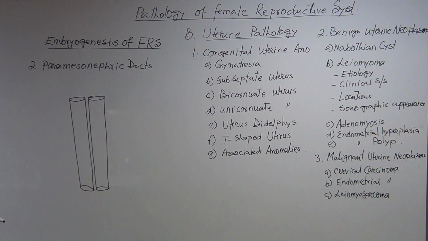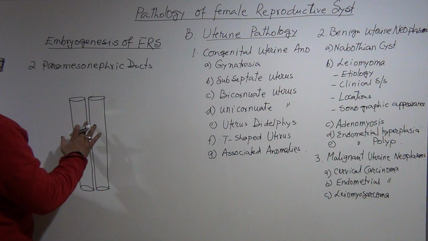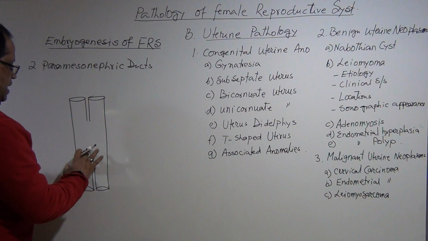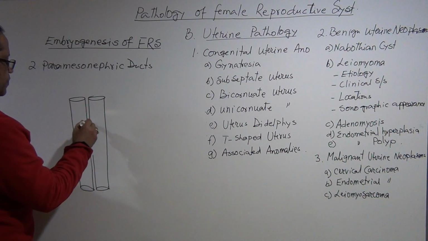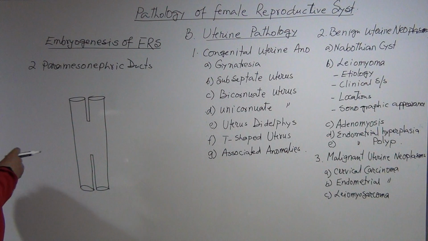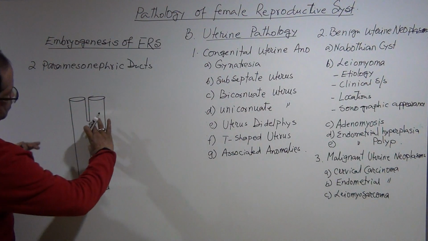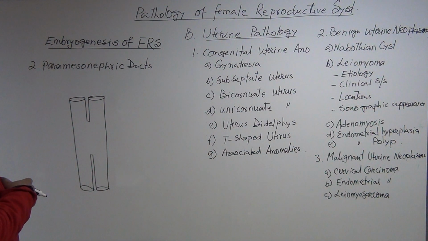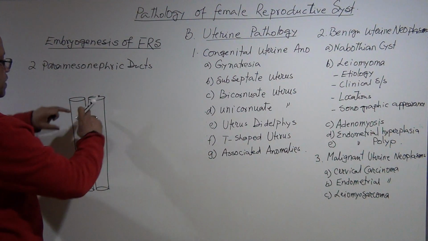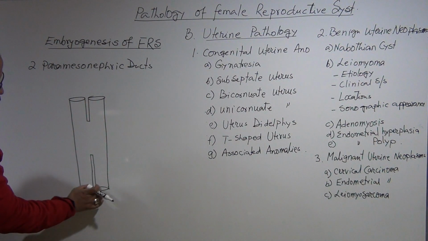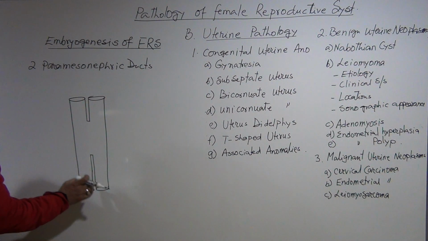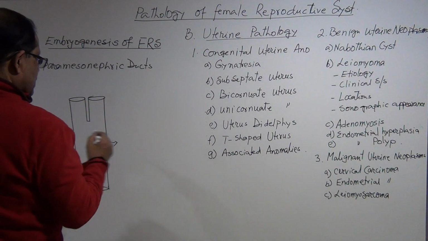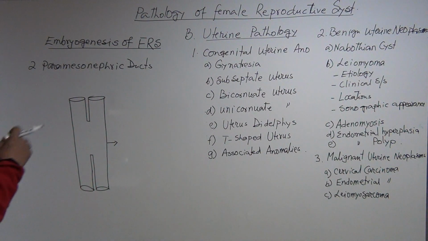Okay, two tubes appear and they fuse at the middle part. And now this part will be cervix, body and fundus. And these two parts will be fallopian tubes, and these two will fuse together to form the vagina. Okay, let me show you the next step.